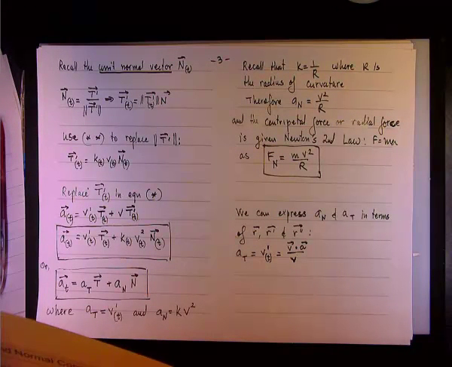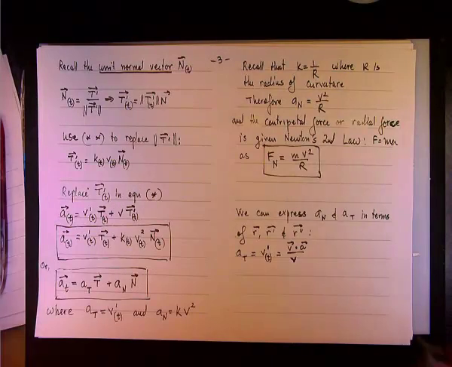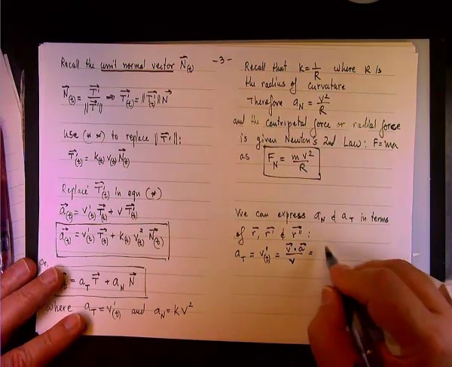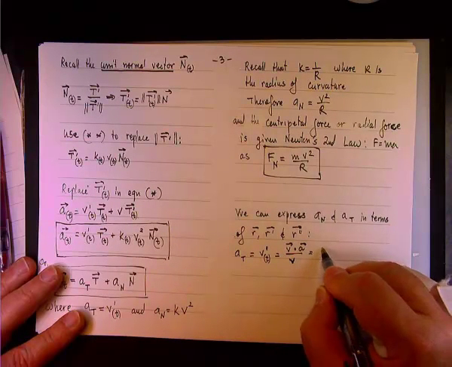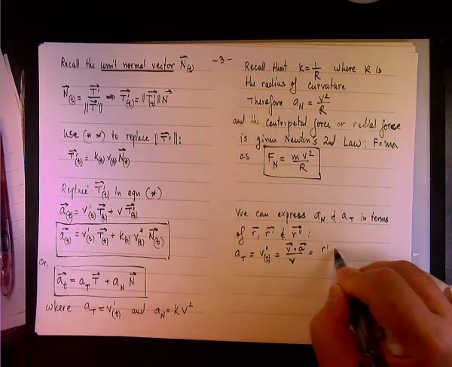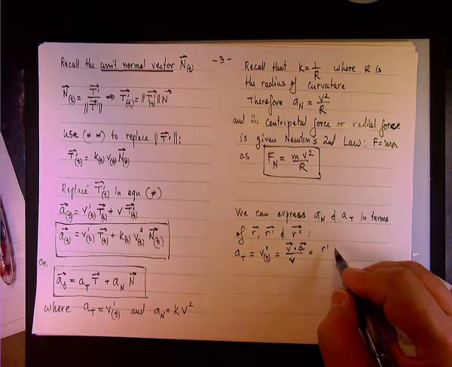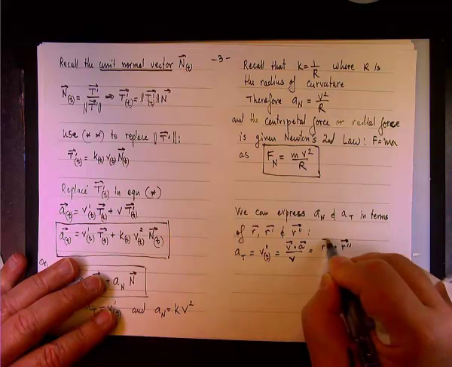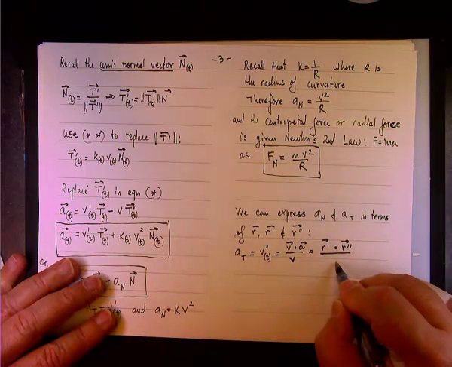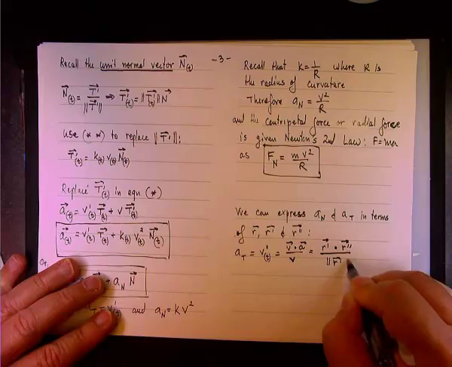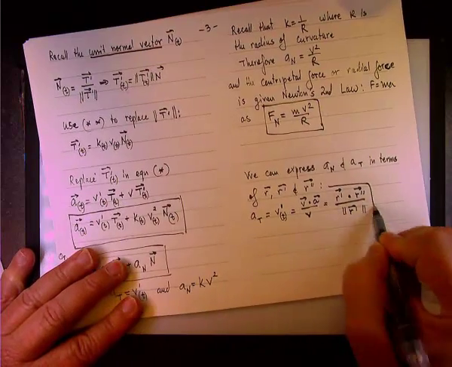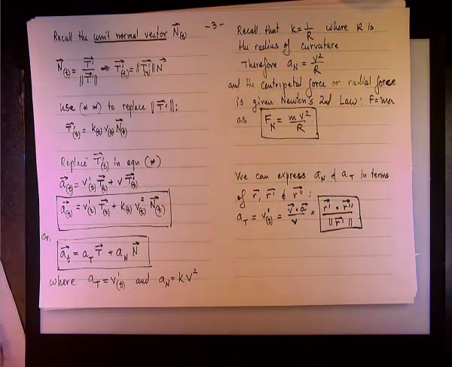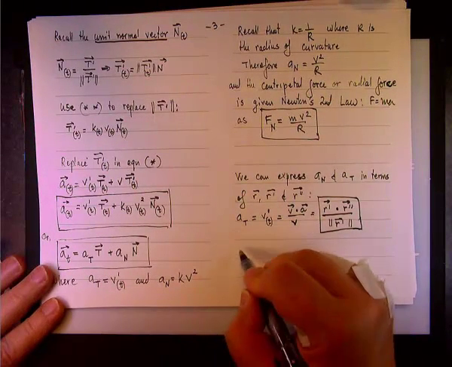I hope I did not skip it. No, I did not. It's true. So now we can write it. This will be the first derivative of r, so r prime, dot r double prime, and this will be the magnitude of r prime. So this is the expression for the tangential acceleration.